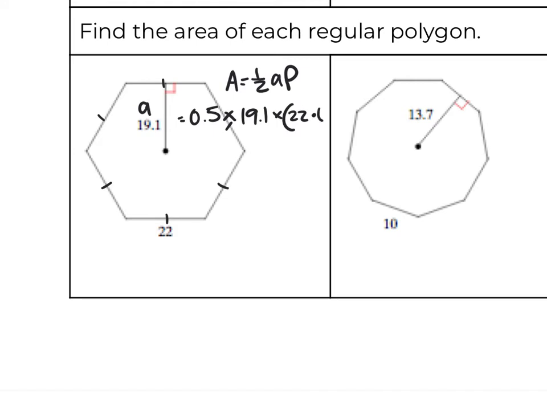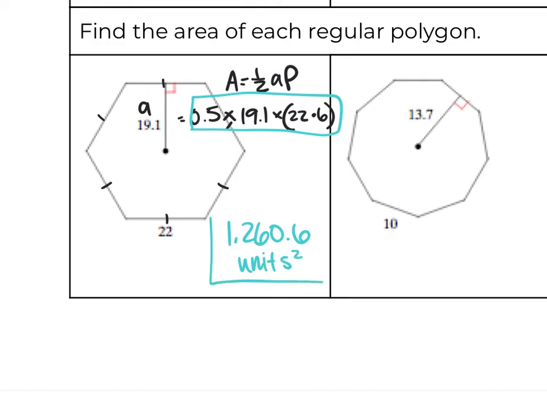So I do 22 times 6. And then you can type all of this in your calculator at once. Okay, and I got 1,260.6. That is area. They didn't really give us units, so I could just do units squared or U squared.